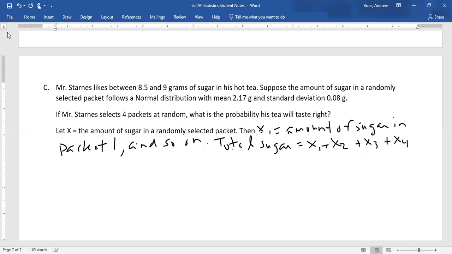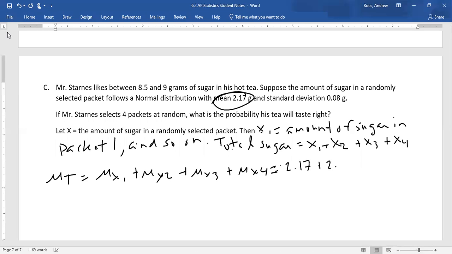Because T is the sum of 4 independent normal random variables, T is going to follow a normal distribution. So mu of T would equal the mean of X1 plus the mean of X2 plus the mean of X3 plus the mean of X4. The mean from up here is 2.17, so 2.17 plus 2.17 plus 2.17 plus 2.17 would equal 8.68.